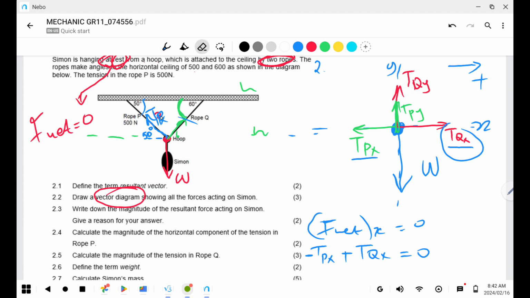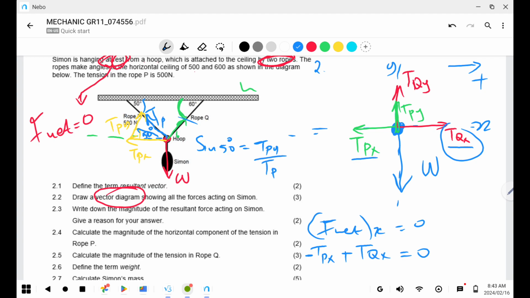Why did I write TPX? That is TP, the tension in rope P. If we resolve it, I'm going to resolve it in yellow. We have TPX. We also have TPY. These components are perpendicular to each other. If you define sine of theta, sine of 50, theta is 50, that will be the opposite, which is TPY, divided by the hypotenuse, which is TP.